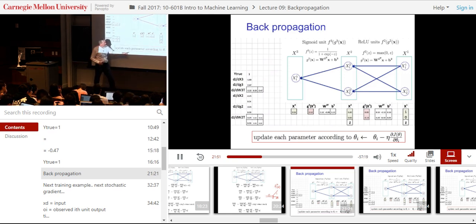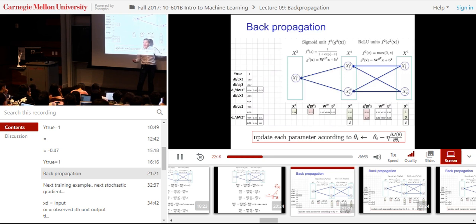Or put another way, I'll use theta_i to mean the ith parameter, which could be one of these 9. For each of those parameters, we update it by adding into it the derivative we calculated, negated, and multiplied by some positive learning rate.